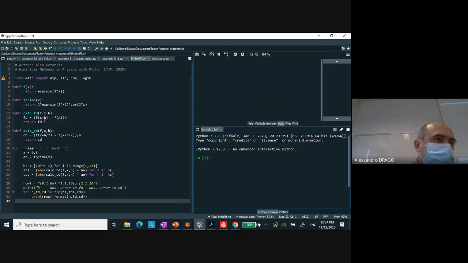But of course, there are the other terms in the expansion. The next term contains h square.